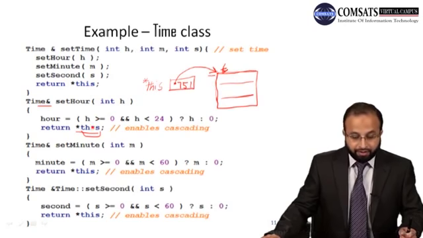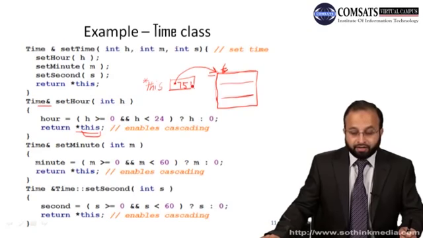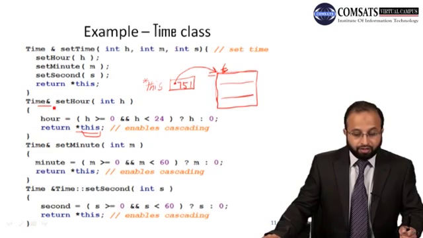So if I return this, then I'm returning a pointer, and the reference of this pointer is returned. So incompatible return type, right? Because this is a pointer, and here you are saying that you are returning the reference, right?